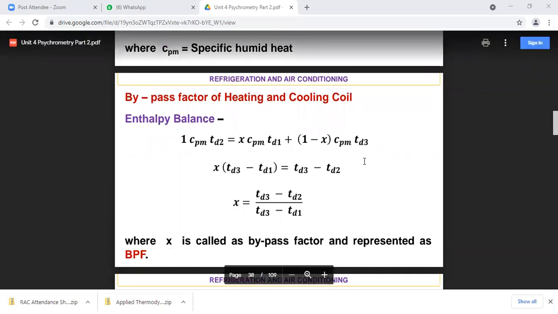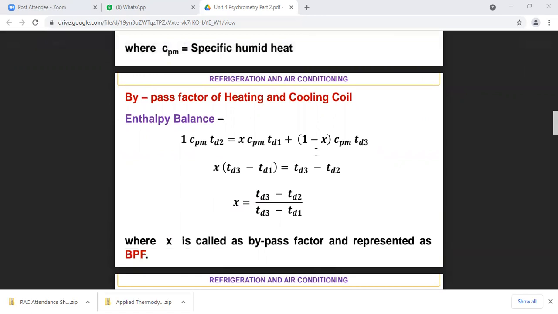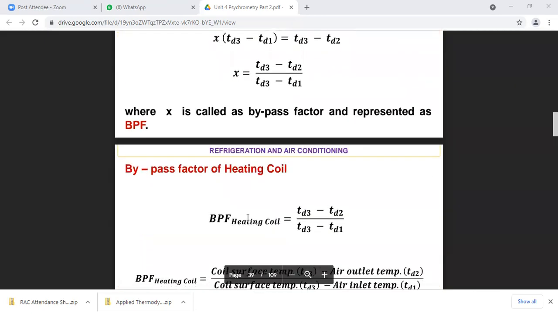We take the x parameter common outside the bracket, and the remaining is td3 minus td1, which is equal to td3 minus td2. So x we are getting as td3 minus td2 upon td3 minus td1, and this x is known as the bypass factor.